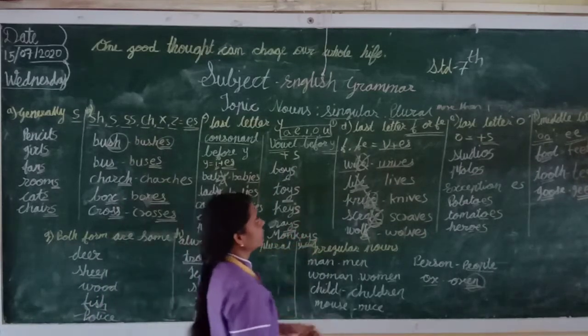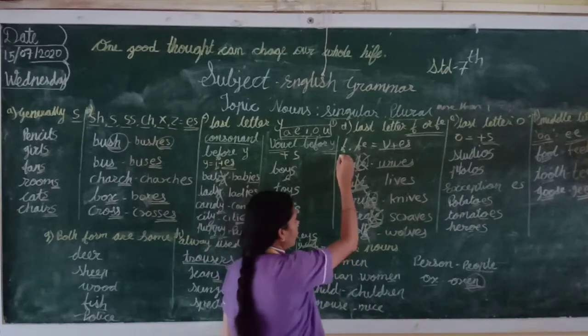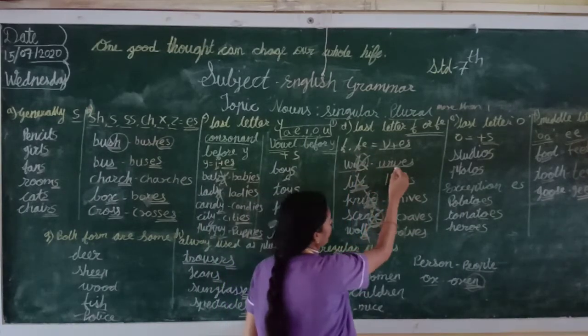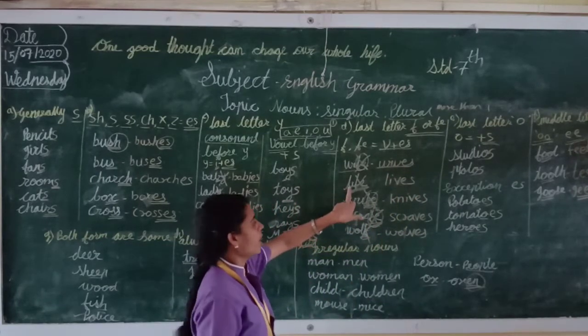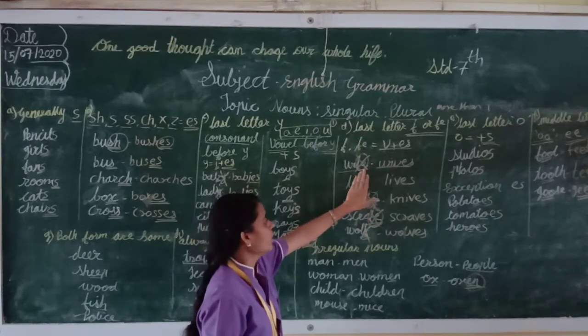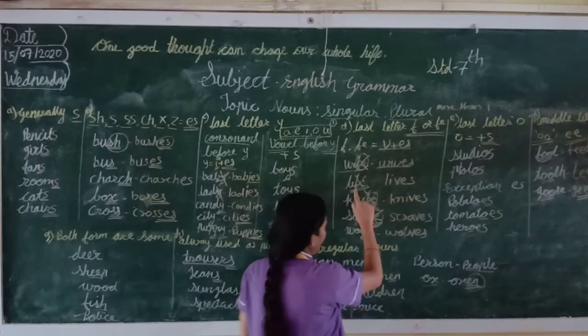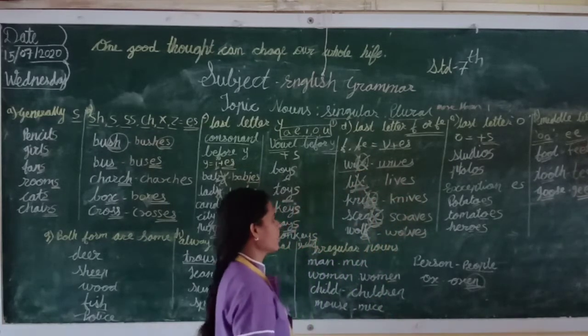Now next one. Last letter F or FE. When the last letter is F or FE, we will remove it. Then we will join VES. For example, life. Last letter is FE. So we will remove it and join VES. FE converts into V and join ES.